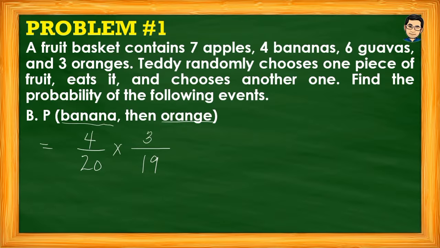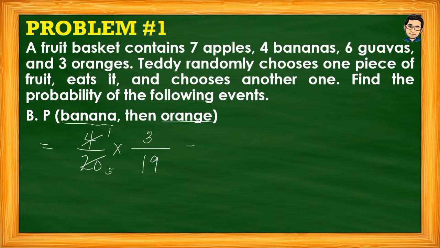Banana is different from orange. So maybe you noticed 4 then 3. That is just a coincidence. Again, banana and orange are different. So, let's simplify. 4 and 20, we can simplify that. GCF is 4. So, 4 divided by 4 is 1. 20 divided by 4 is 5.